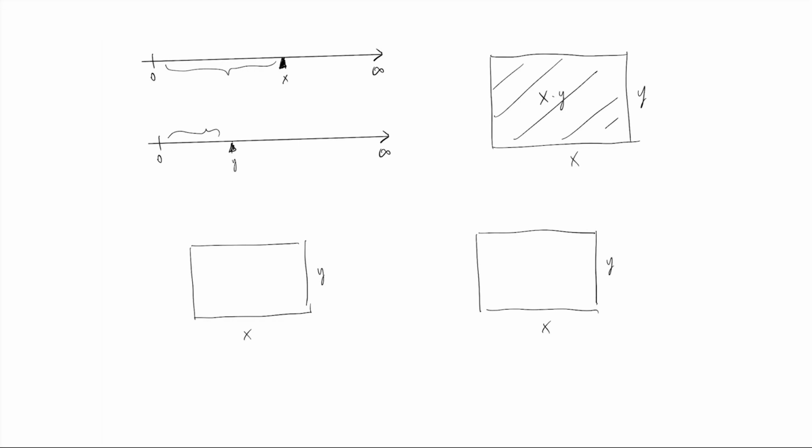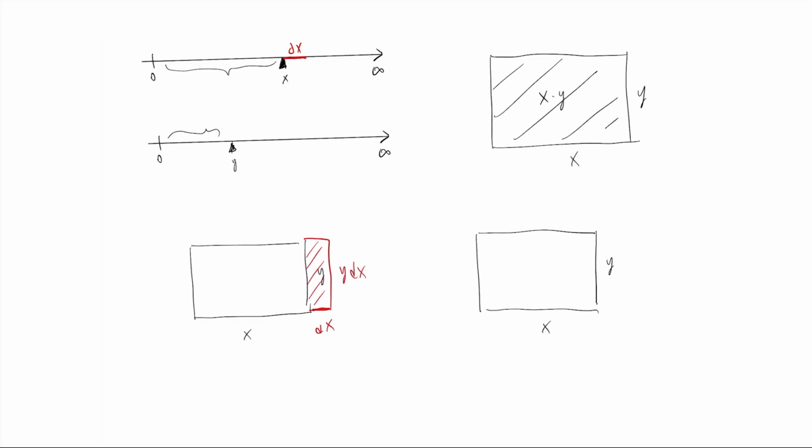What we can do is introduce an infinitesimal delta x and add it to our rectangle. So this is dx, and then this area becomes what? It becomes y times dx.